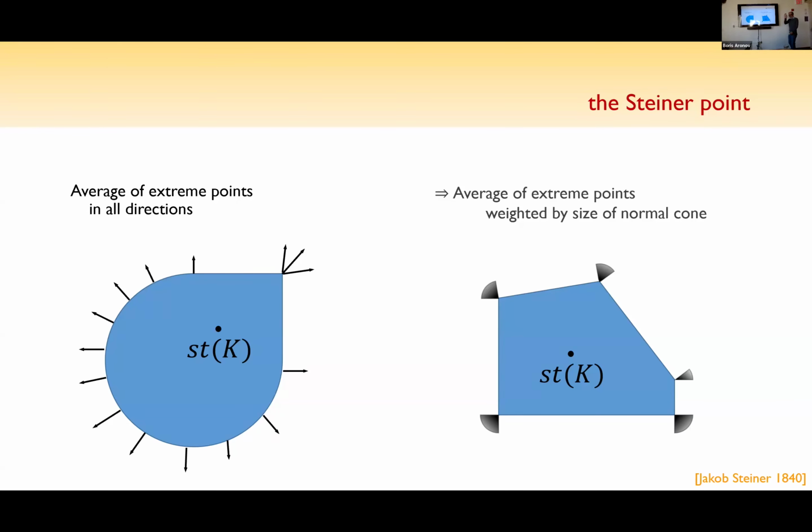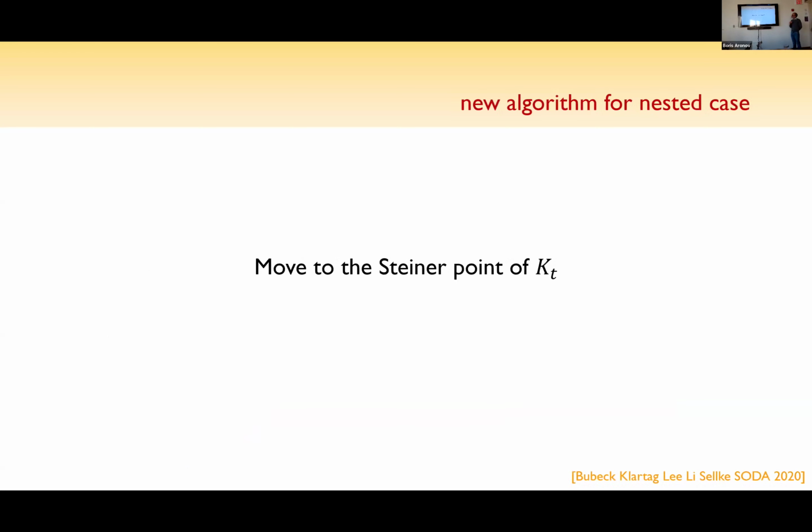Okay. So that's the Steiner point, at least the center point that I know of. Every famous name has a point associated with it, and they're not unique. And so the new algorithm for the nested case is going to be embarrassingly simple. Just move to the side.